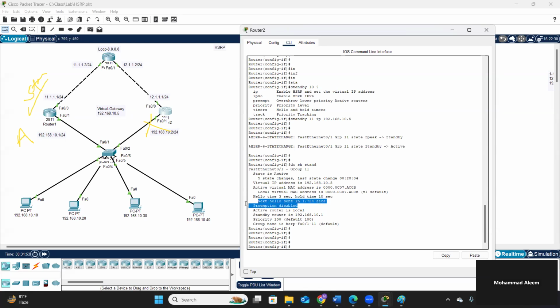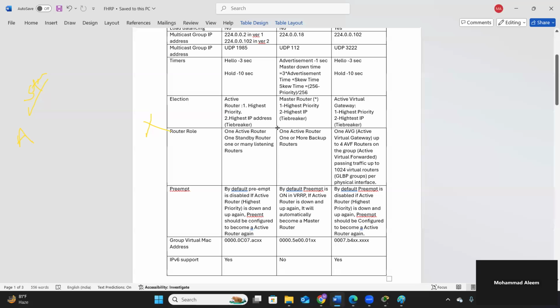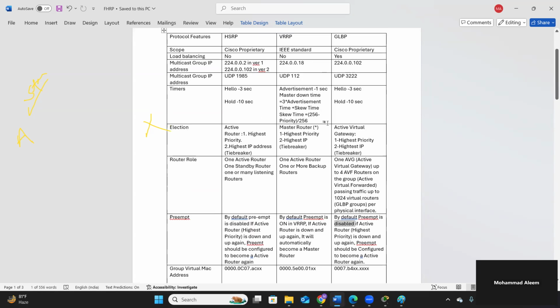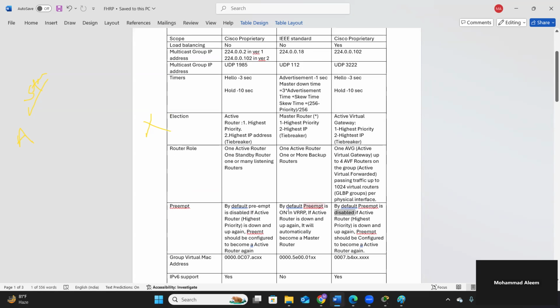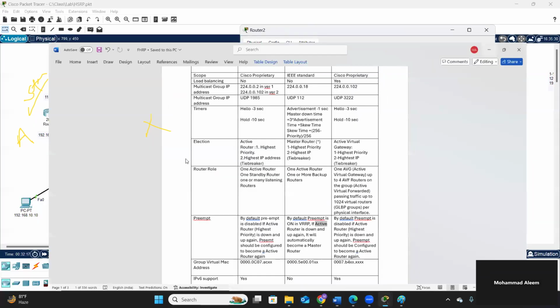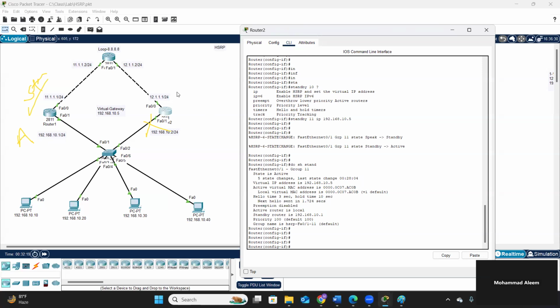One more thing: preemption is disabled in GLBP and HSRP protocols. These are Cisco proprietary, but it is enabled in VRRP. Don't forget that. The main difference is that preemption is disabled in the HSRP protocol and the GLBP protocol.